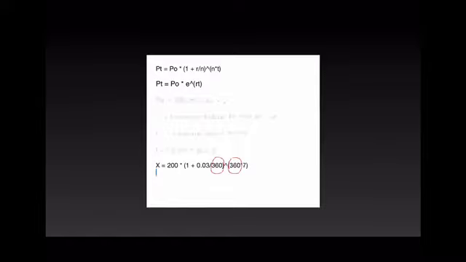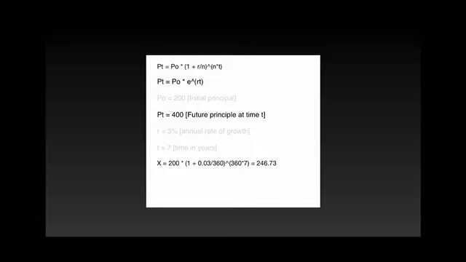And now this formula will produce an answer. It takes some tapping on the calculator, but the calculator does the really hard work. That rate for that time with that initial principal gives you a future value of $246.73.